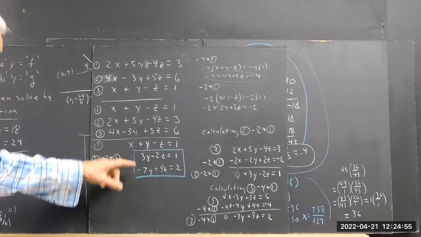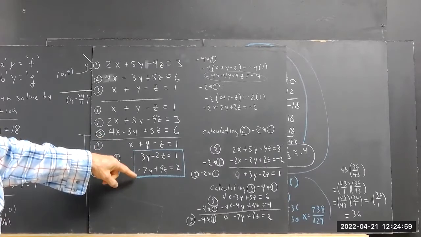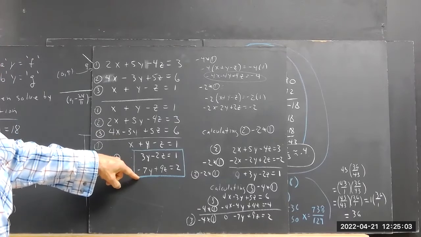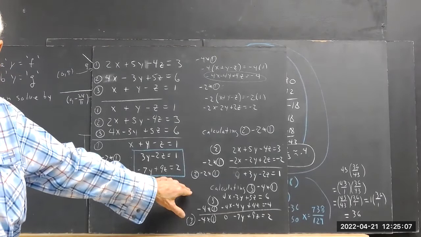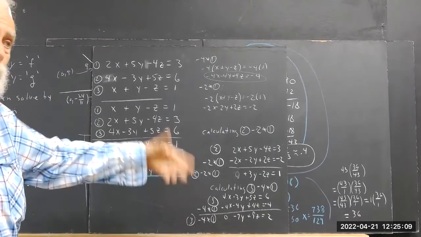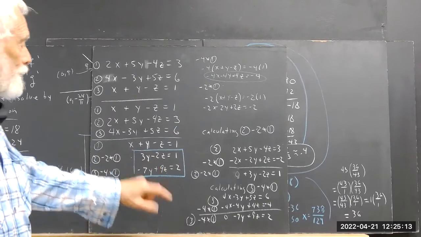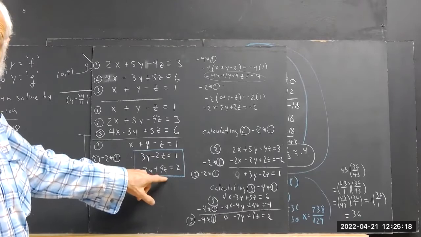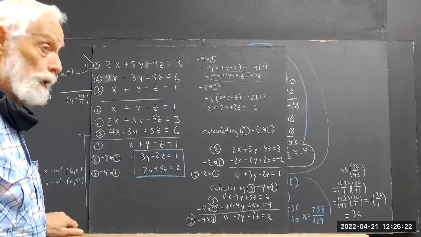What we're going to do here, we're going to multiply this by 7 and this by 3, which will give us 21y and negative 21y. Y goes away. We get an equation with just z that we can easily solve. And then we back substitute, okay? If we've got a number for z, we can plug it in here and solve for y. Then we'll have a number for y and a number for z. We can plug it into the first equation, then we get our solution.